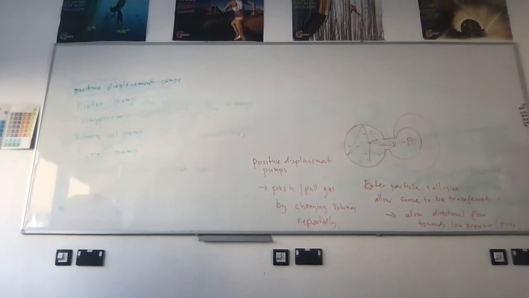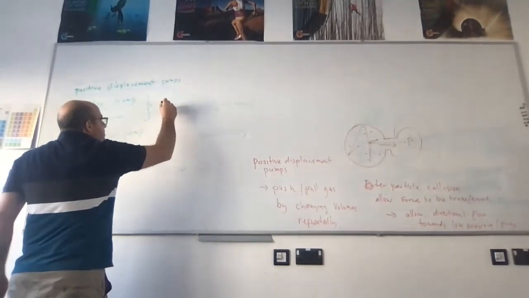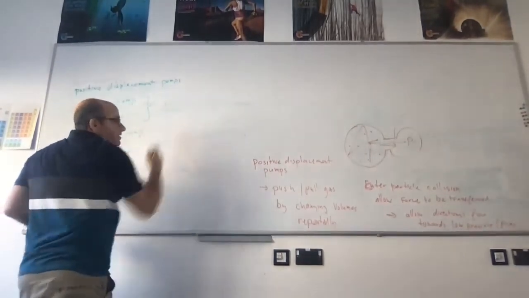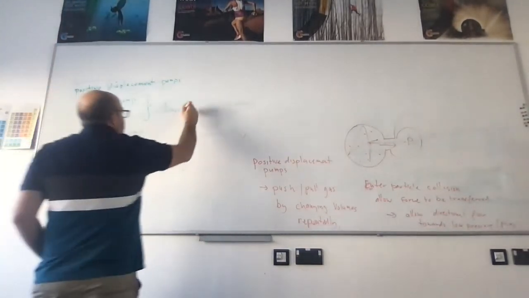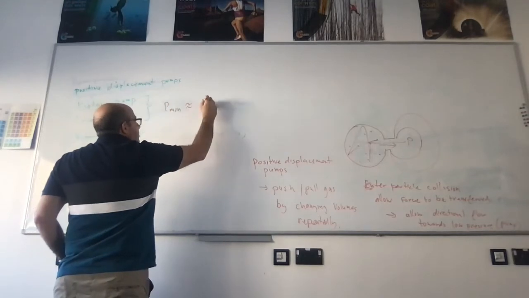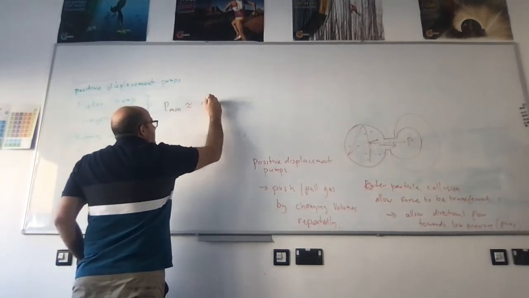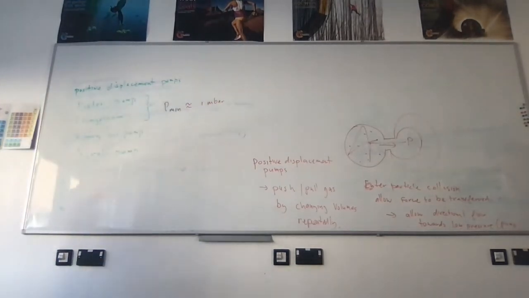Typically, these 2 guys can get down to basically the minimal pressure you can achieve. Again, I'm using very rough estimations here. The minimum pressure you're going to achieve is on the order of maybe 1 millibar if you're really lucky, often much worse than that, it could be 10 millibar.